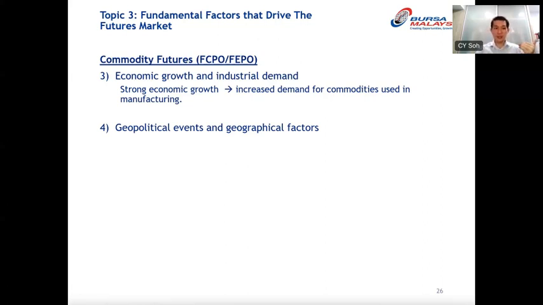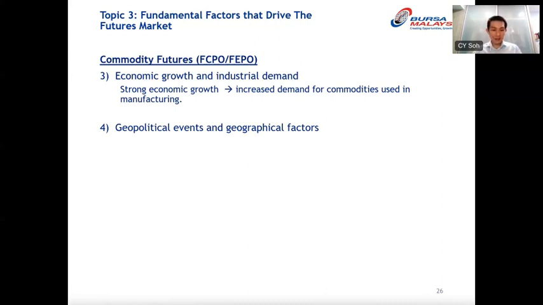For example, you may need more crude palm oil to produce the daily life items that we commonly use in manufacturing and so on. Such factors, like economic growth, will relate to GDP growth, industry production, and all of these things can impact your commodity futures prices.